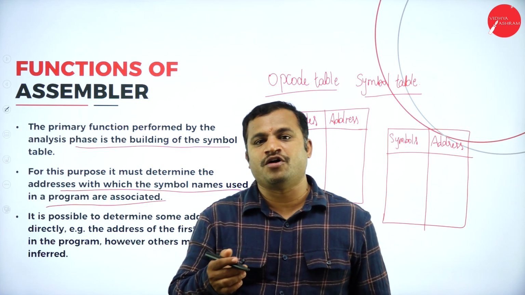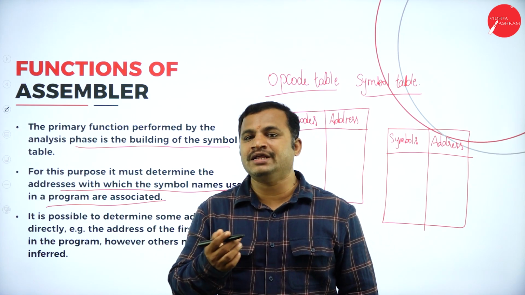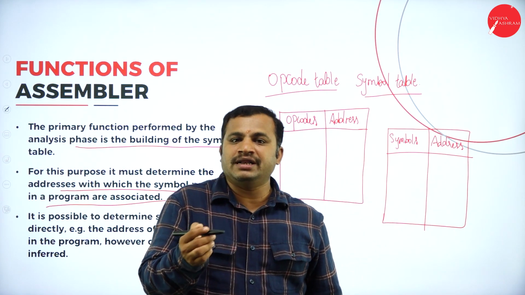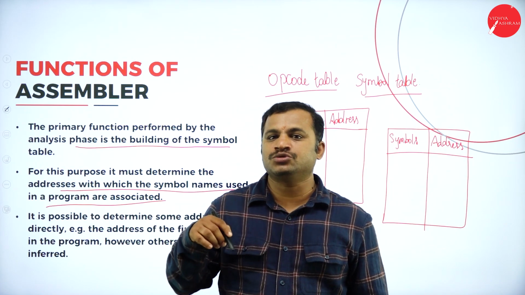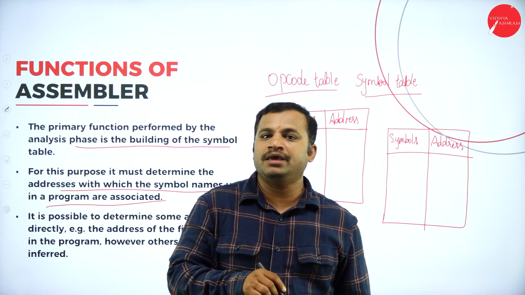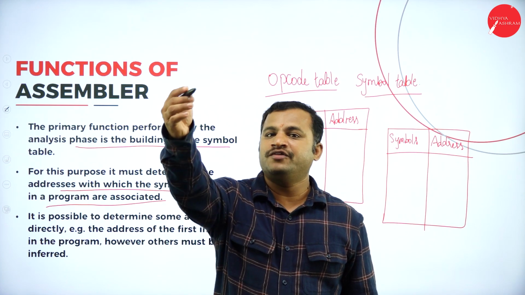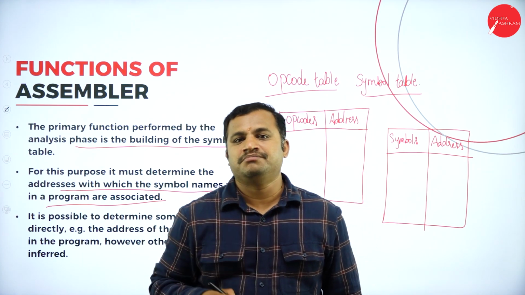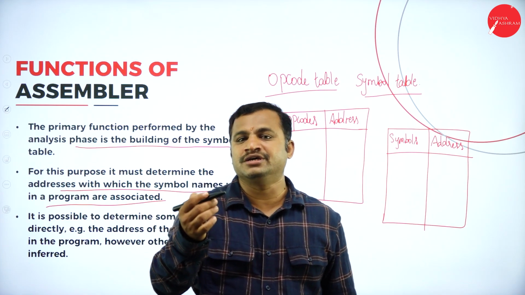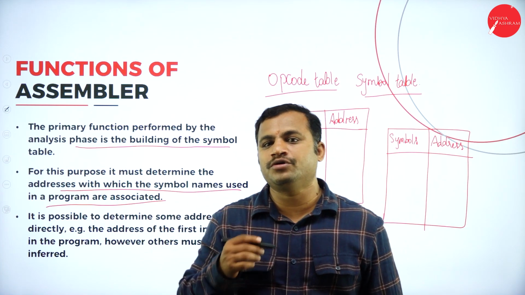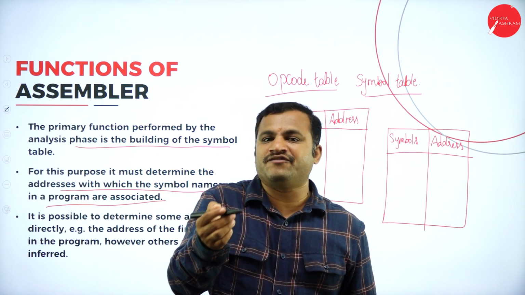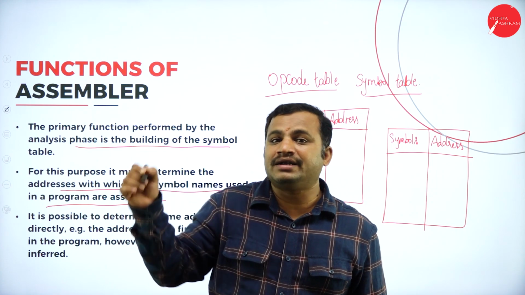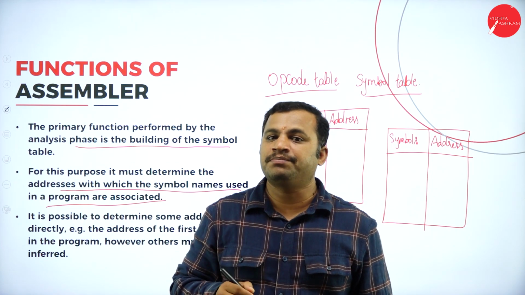What is the meaning of forward references? As I have already discussed, suppose there is any symbol present in a program, the address associated with that symbol may be available at a forward information, may be available in future. But we have not yet encountered the symbol which is defined in the program. So without getting the definition of the symbol, it is highly impossible to get the address of those symbols used in a program.